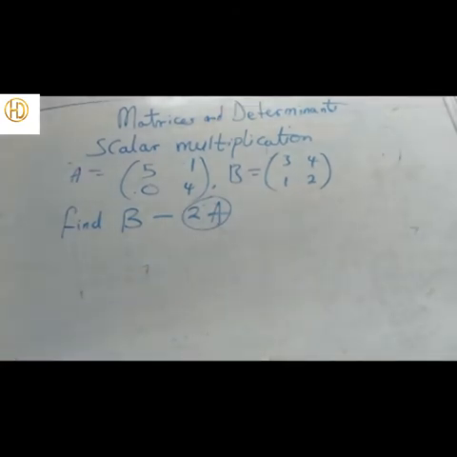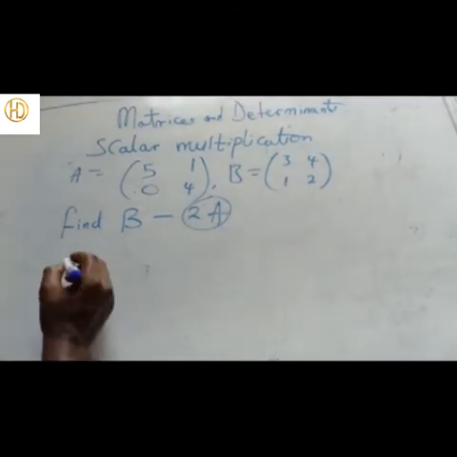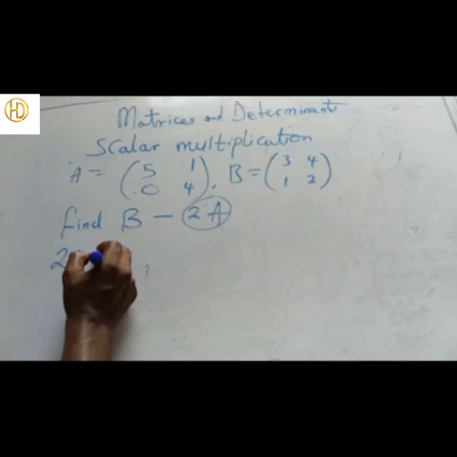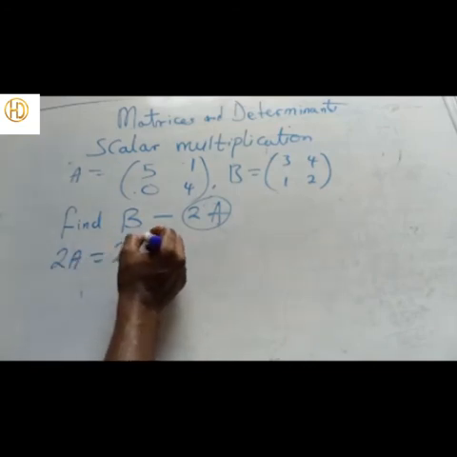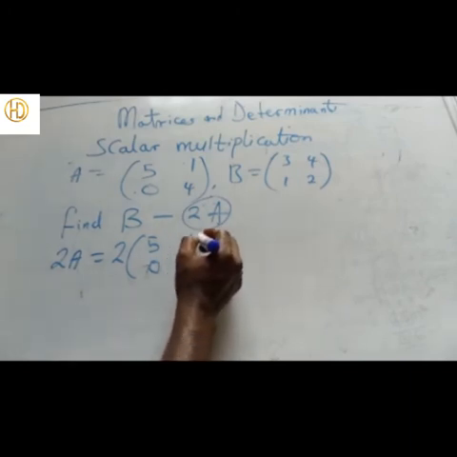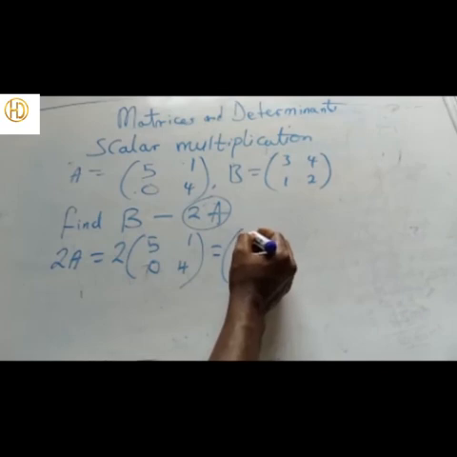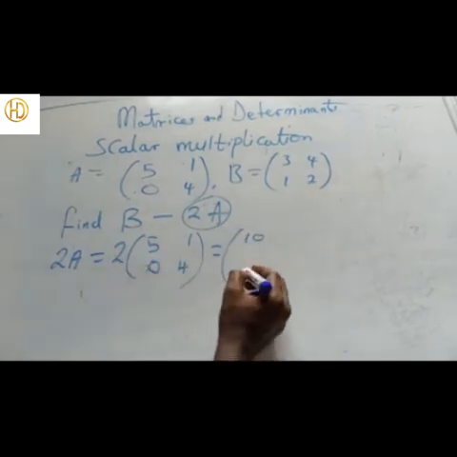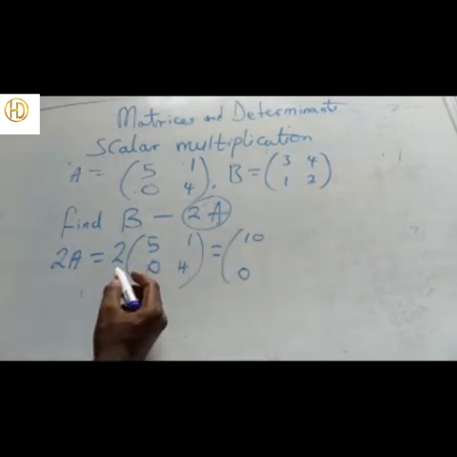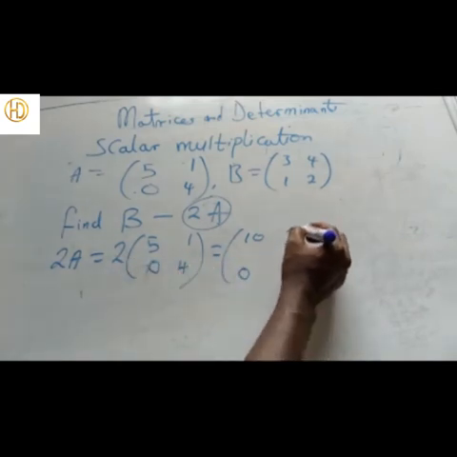So 2A will be equal to 2 times the bracket 5 0 1 4. This and this will give us 10. This and this will give us 0 by multiplication. 2 times 1 will give us 2. 2 times 4 will give us 8.